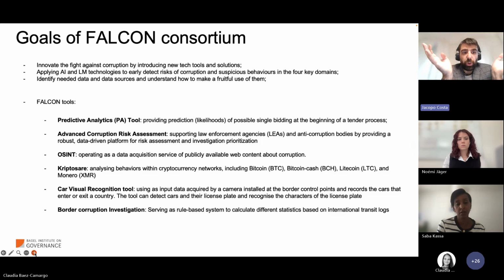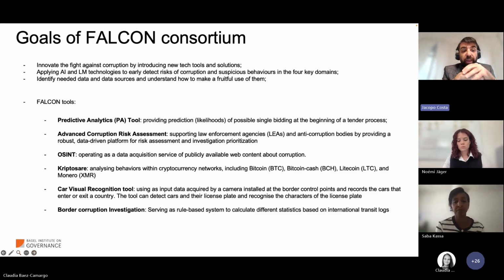Here we have just a few examples. A predictive analytics tool, providing the prediction likelihood of possible single bidding. We have designed an advanced corruption risk assessment tool, and HOSINT, an open source intelligence tool to collect information and data, for example, from social media or other open sources that we can find online.